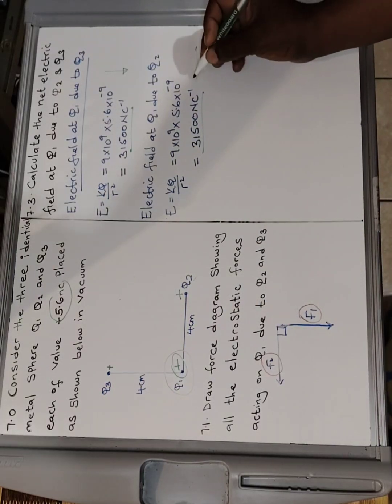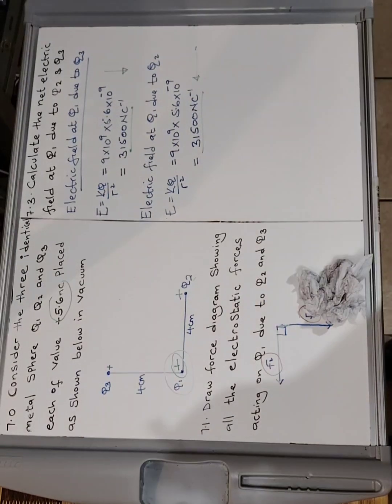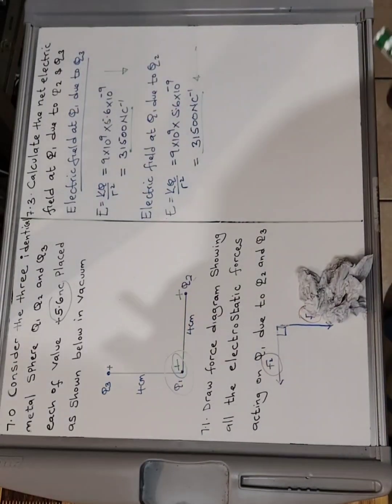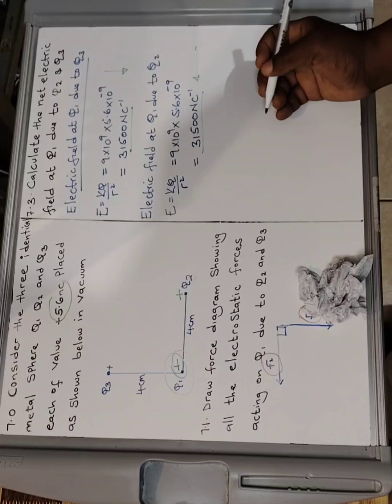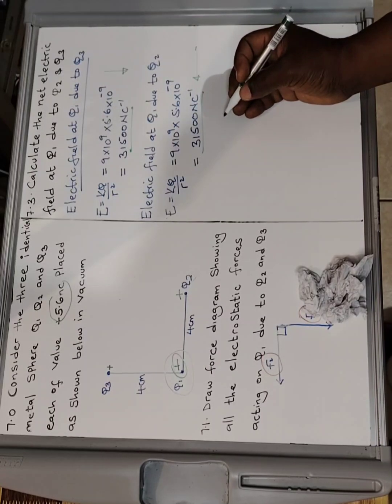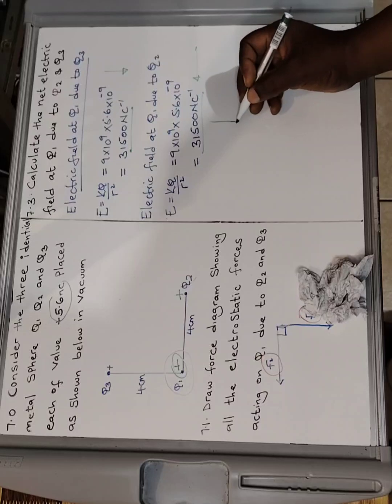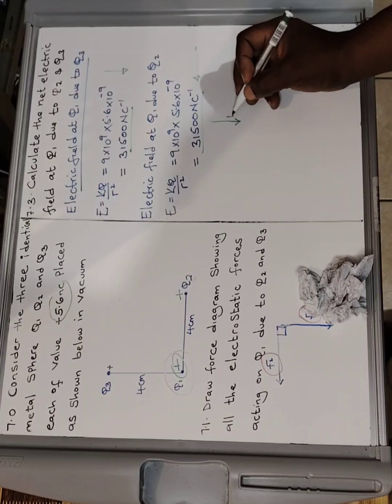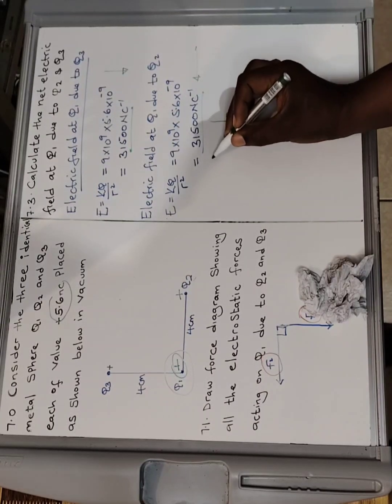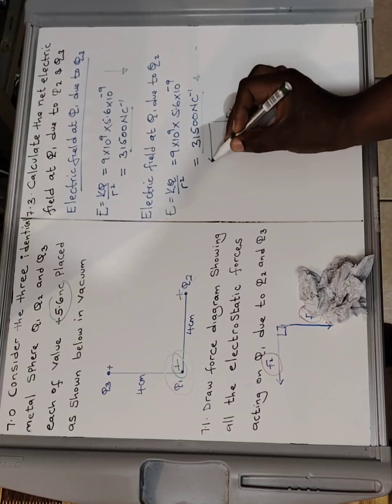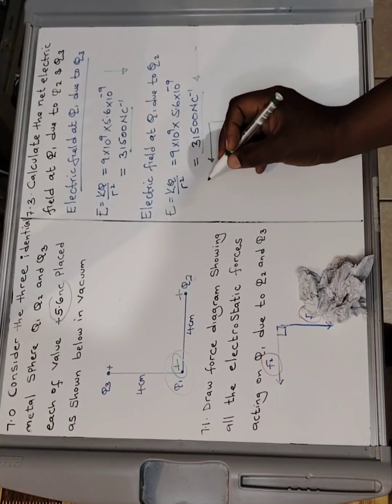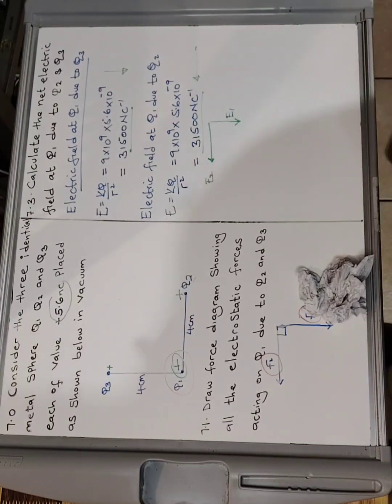So this is going to be the direction. We put these two electric fields together. We know one is moving downwards, we can call that one E1. And we know one is moving to the left, we can call that one E2.